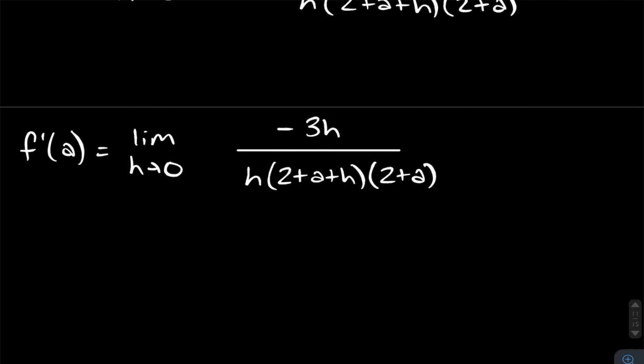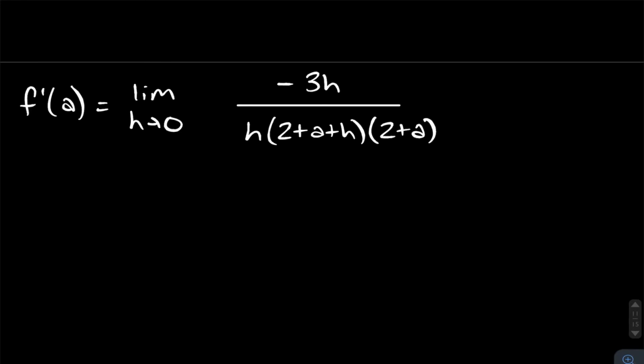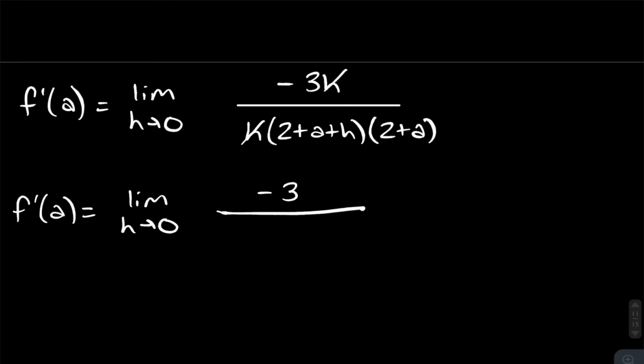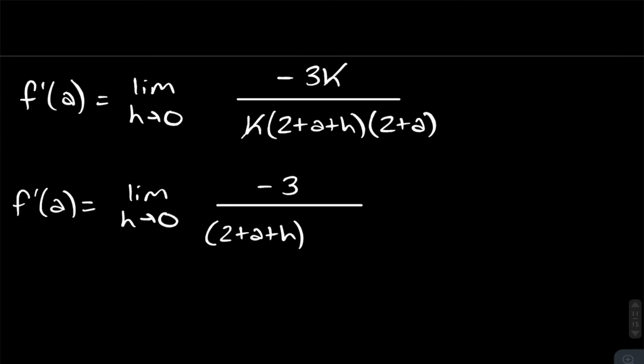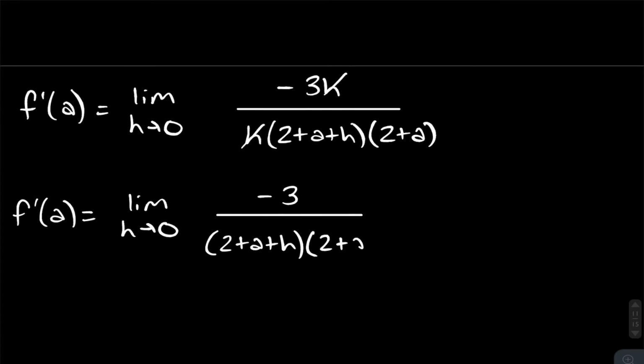Okay? And so now we can cancel those h's. And we get f prime of a is the limit as h approaches 0 of negative 3 over a2 plus a plus h times a2 plus a. Okay?